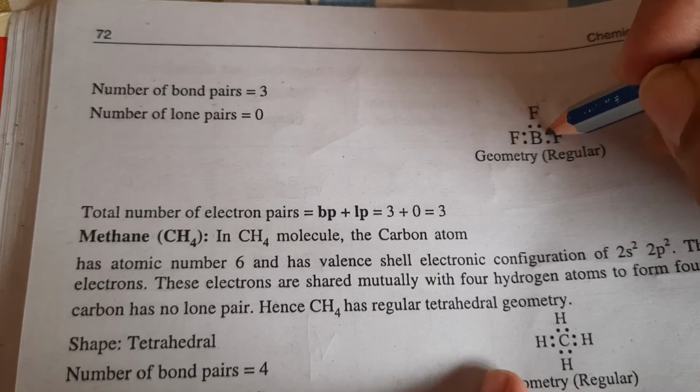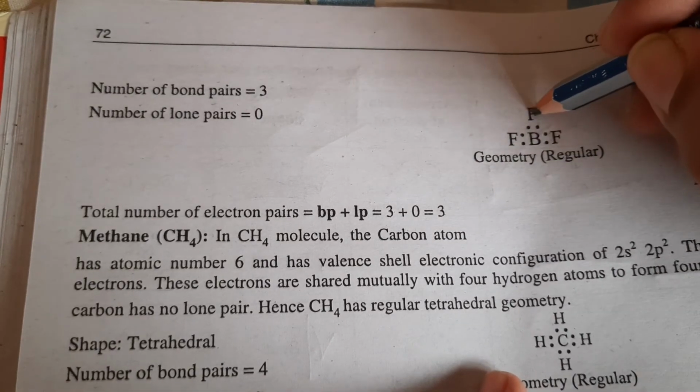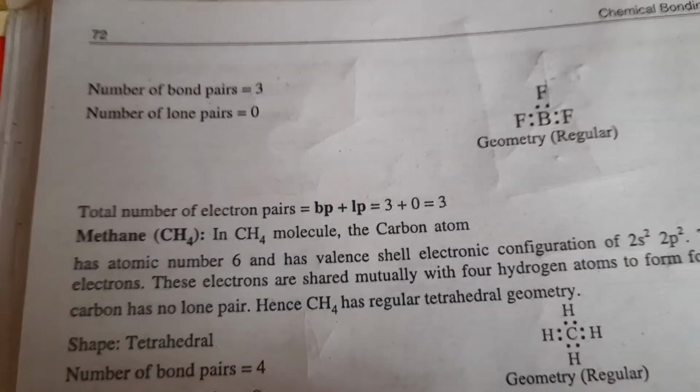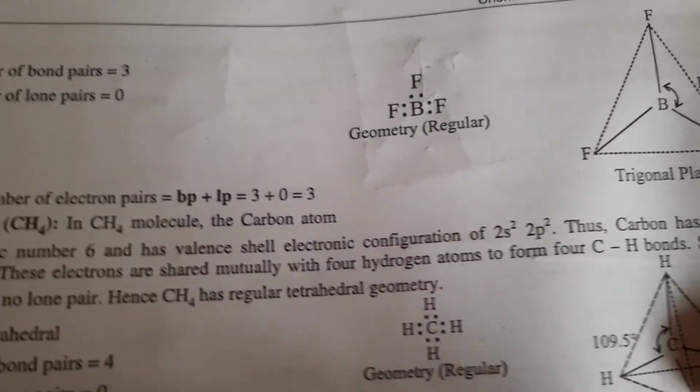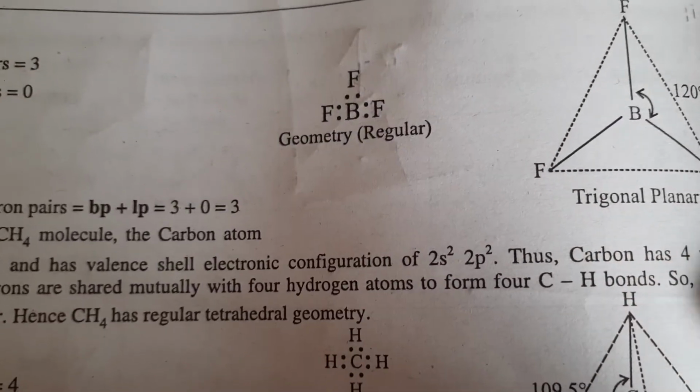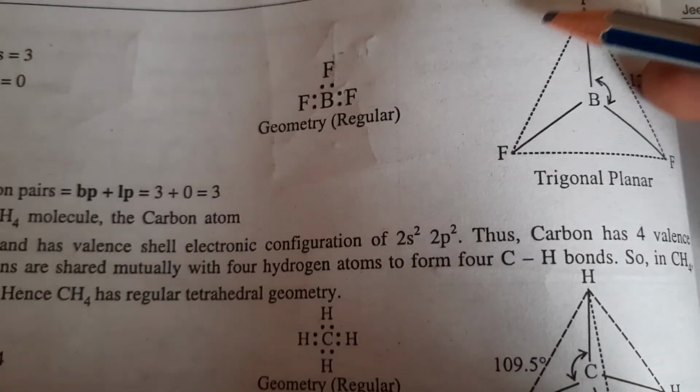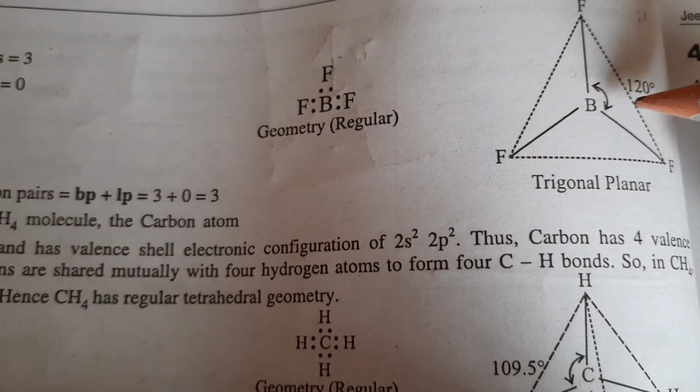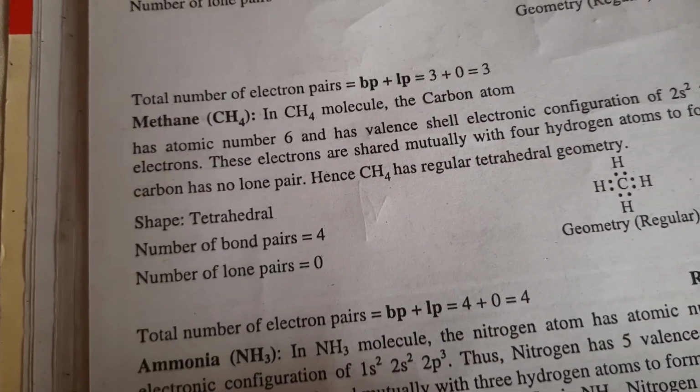There is no lone pair present on the boron or on the fluorine atoms. So the geometry will be trigonal planar. The structure is shown here.